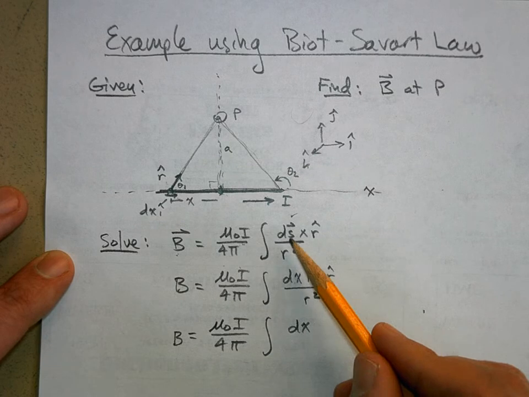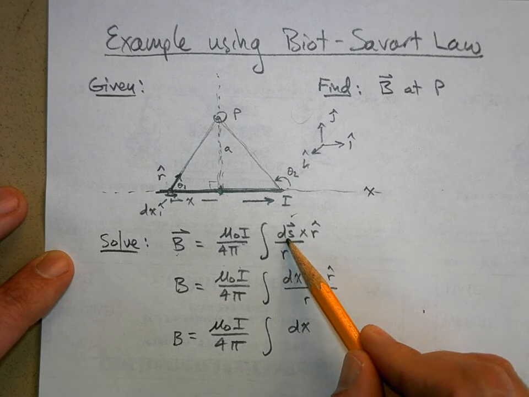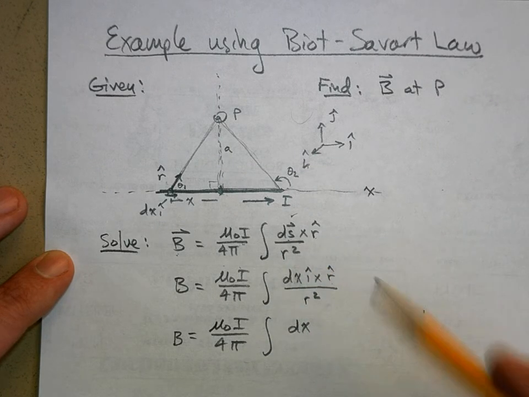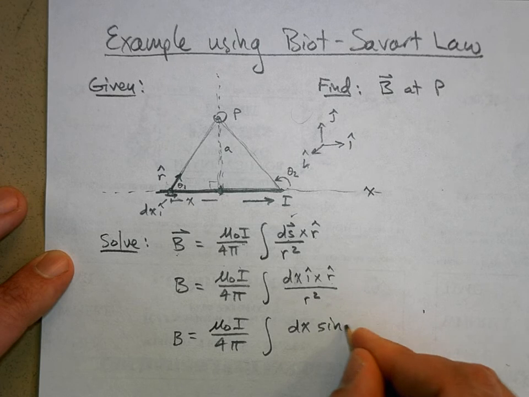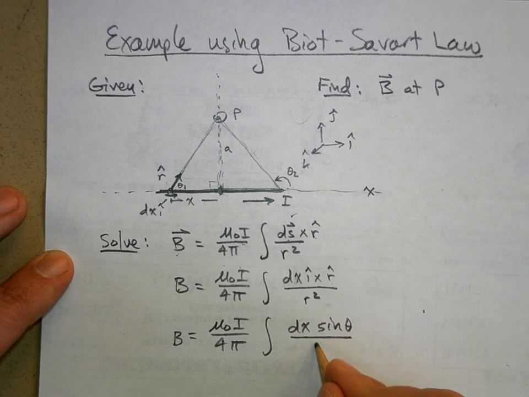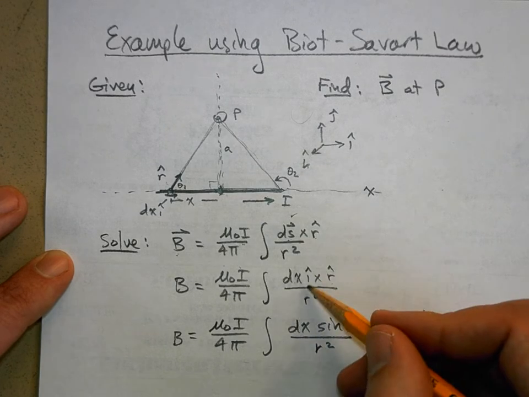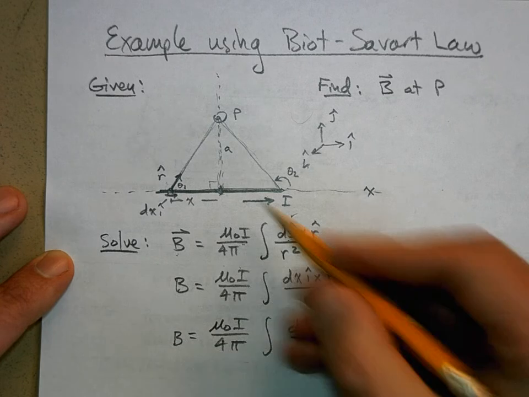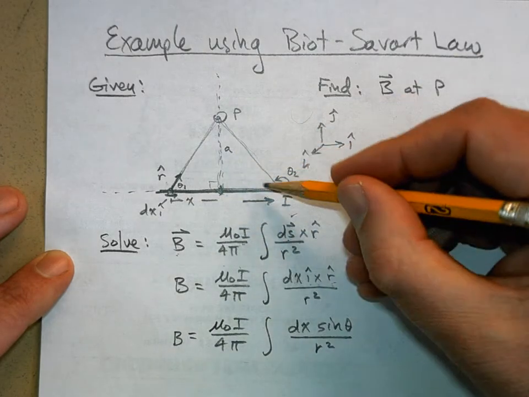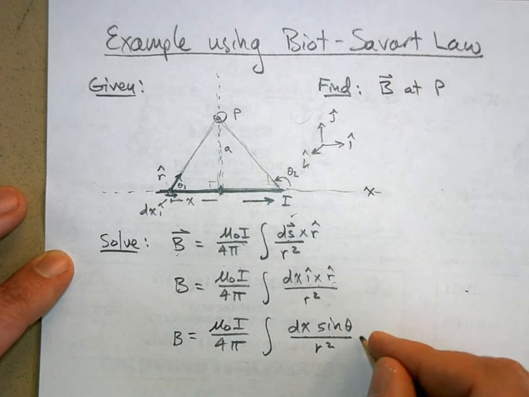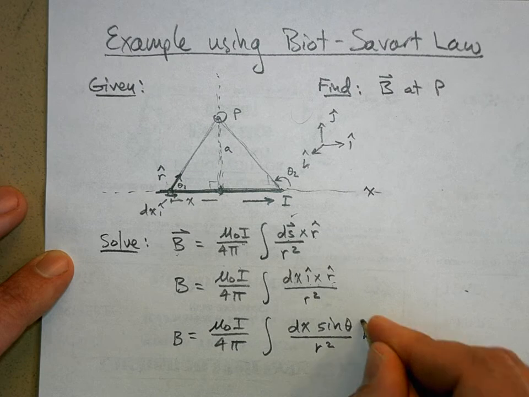Now, a cross product is this times the magnitude of this times the magnitude of this times the sine of the angle between them, over r squared. And we know that I hat cross r hat, wherever r hat is going to be, is going to be out of the board. So we're going to say that that's in the k hat direction.